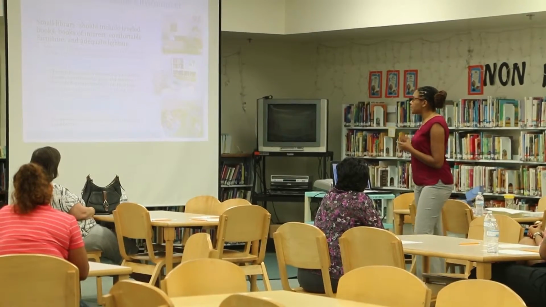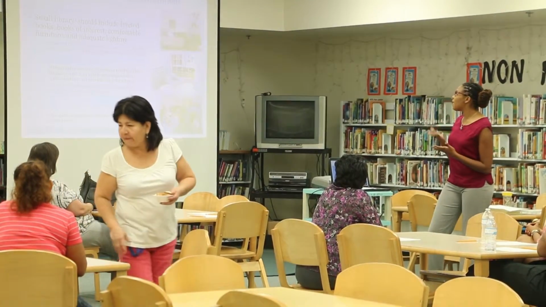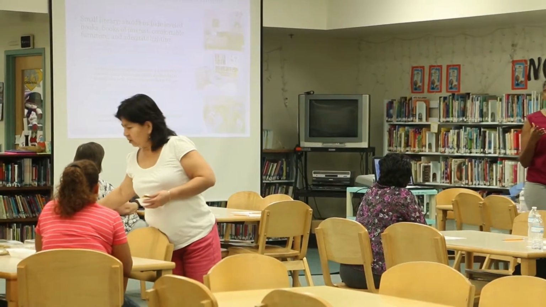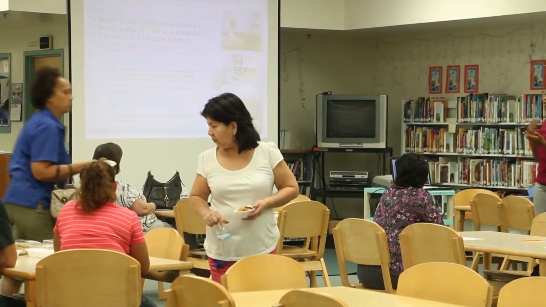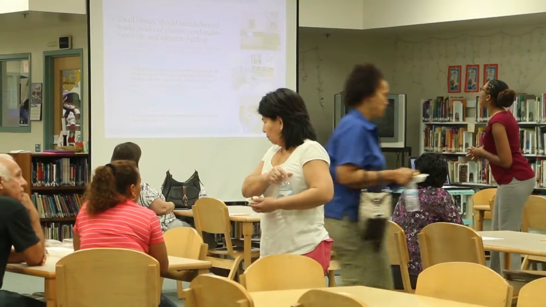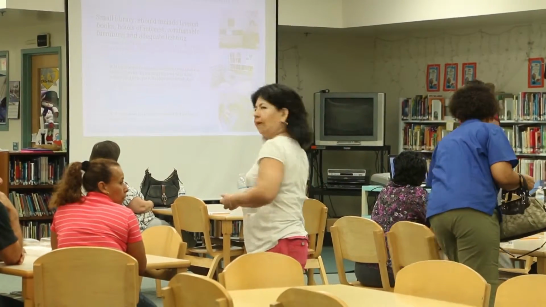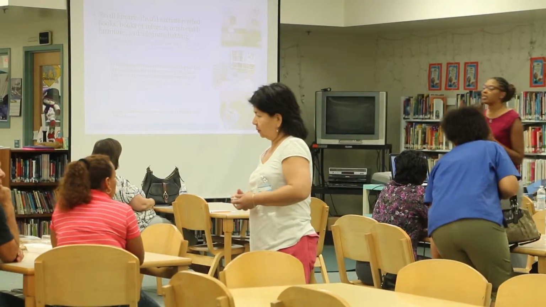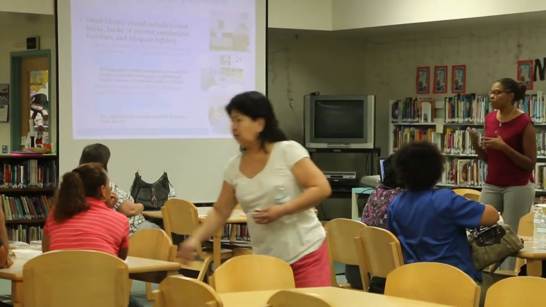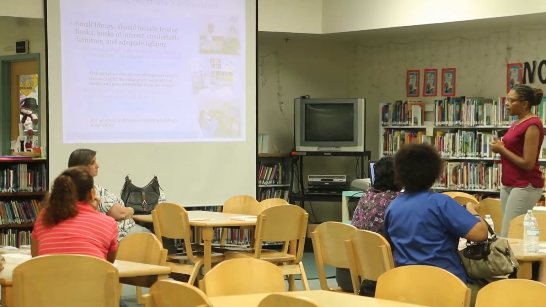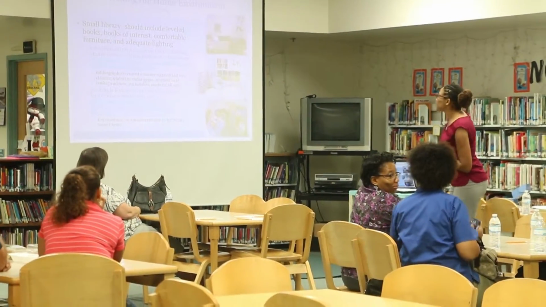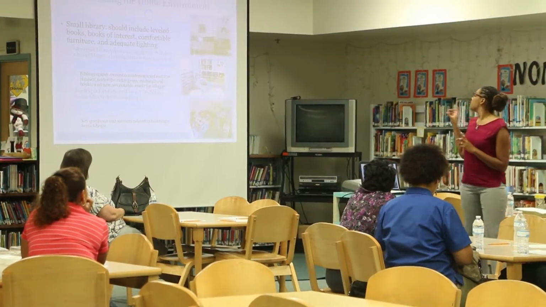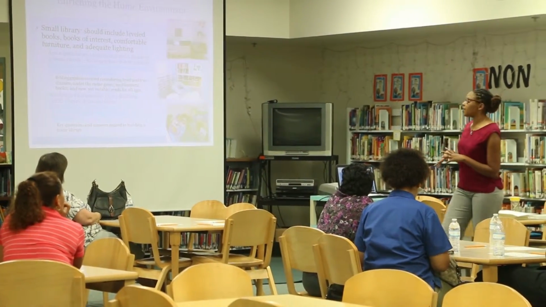The two links that I have listed up here are American Library Association. They provide a bibliography list of books depending on the age of your child. The other one is Reading is Fundamental. They answer key questions about how to build a home library at home. So if you can see some of the pictures, the libraries you see there are very small.